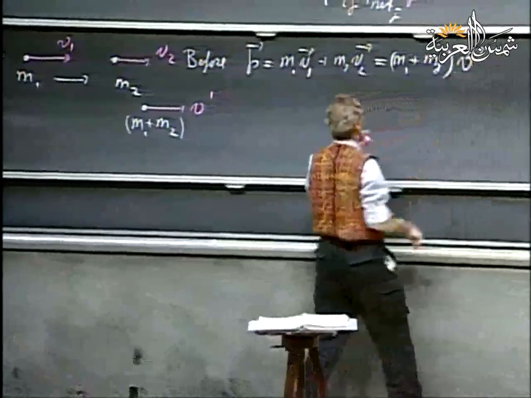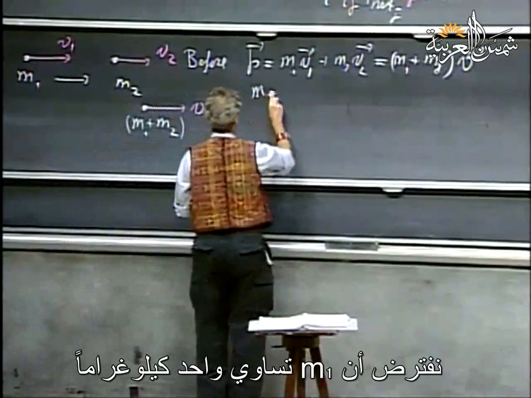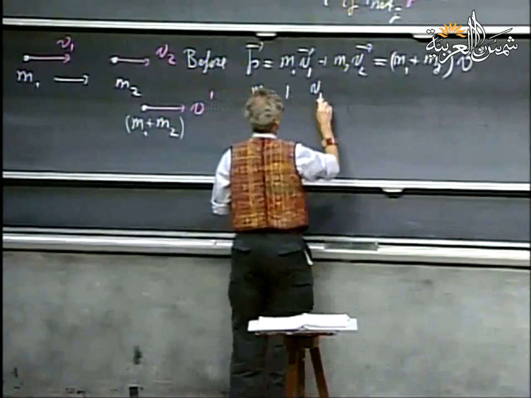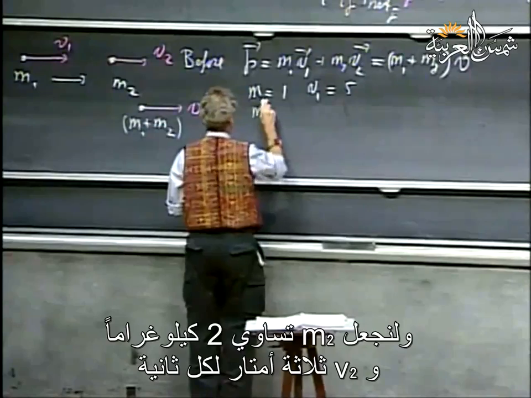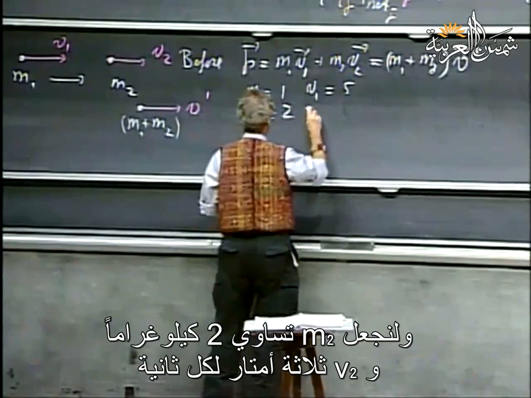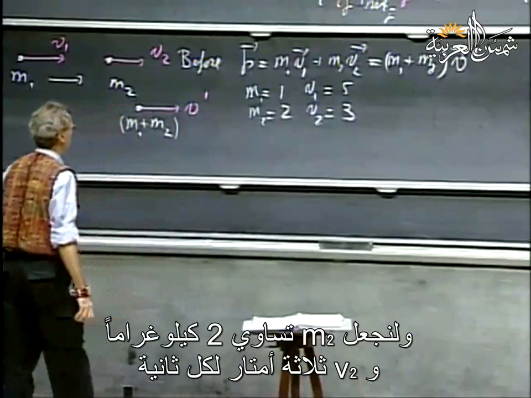times v prime. And so if we put in some numbers, suppose m1 equals 1 kilogram, and v1 is 5 meters per second. Let m2 be 2 kilograms, and let v2 be 3 meters per second.